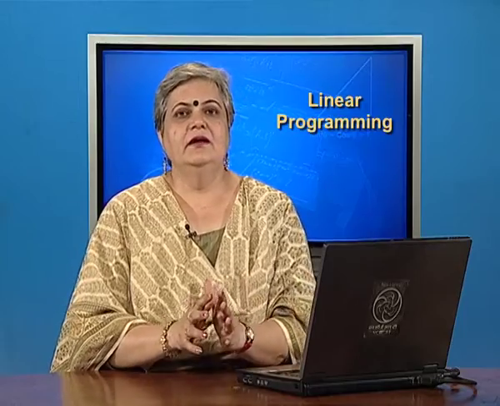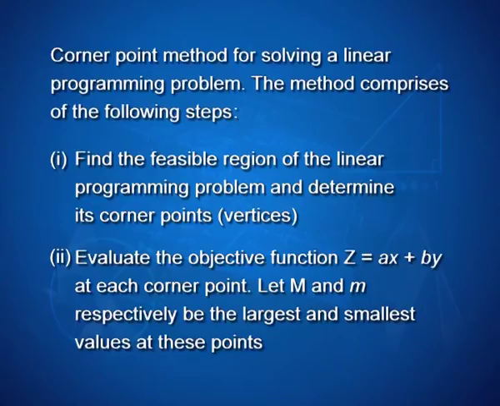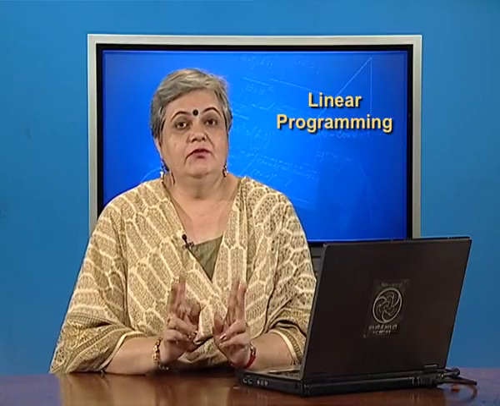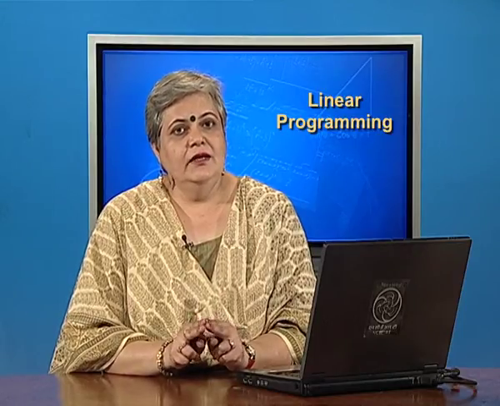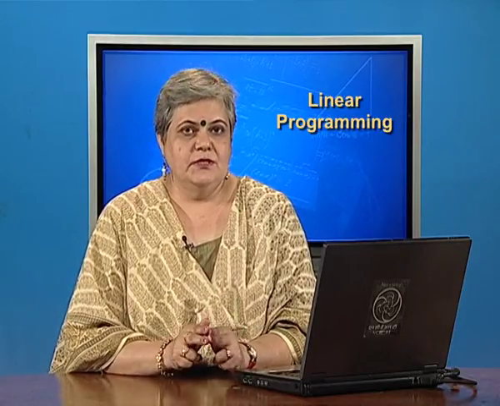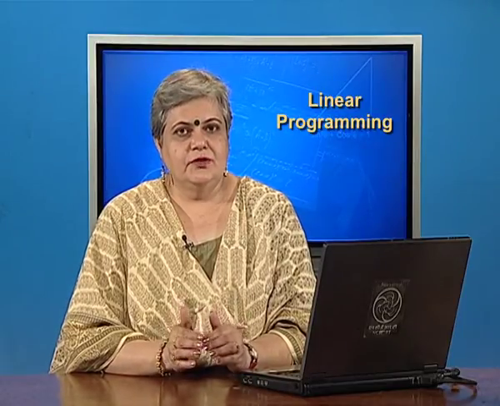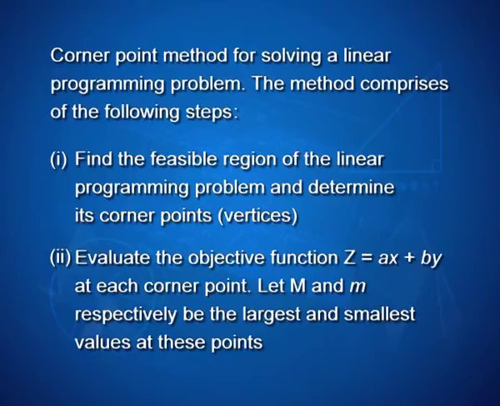So, the graphical method that we are going to employ to solve a linear programming problem is known as the corner point method. What do we do in this corner point method? We find the feasible region first, and then we identify the corner points of the feasible region. Here is a stepwise description of this method. What we need to do is start with finding the feasible region.